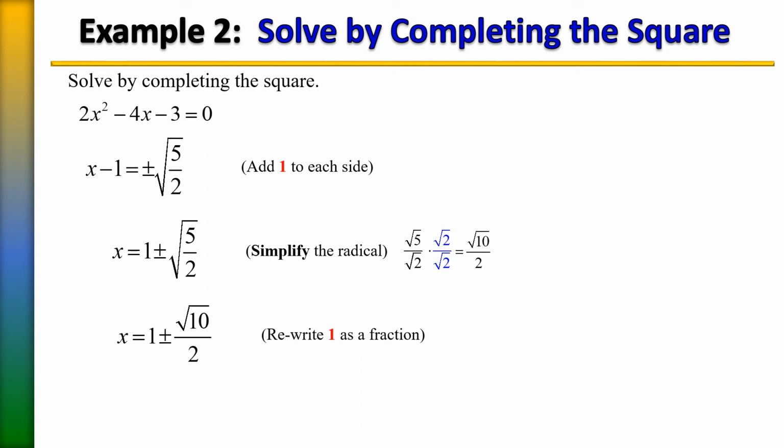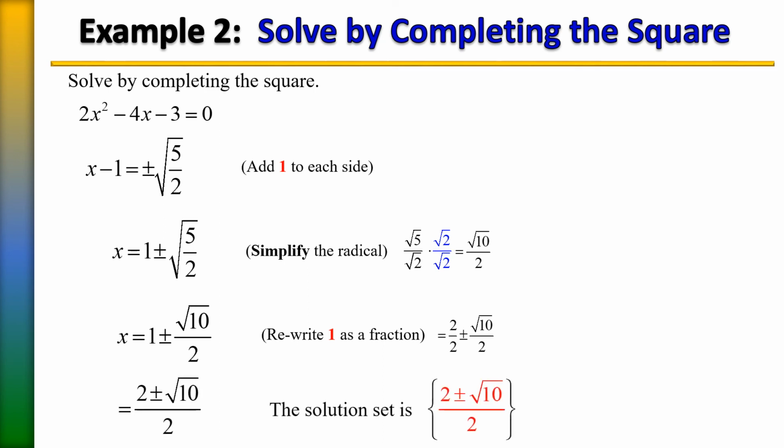So we can rewrite 1 as 2 over 2, which means the same thing as 1. In that form, notice that the bottom has a common denominator of 2. And on top, we have a numerator of 2 plus or minus square root of 10. So you can write it as 2 plus or minus square root of 10 all over 2.